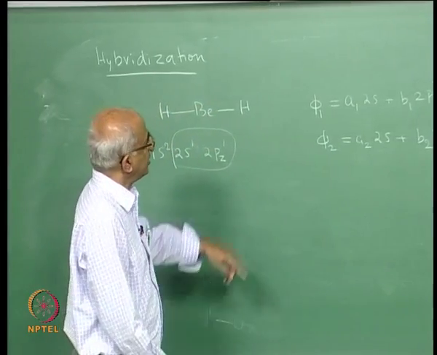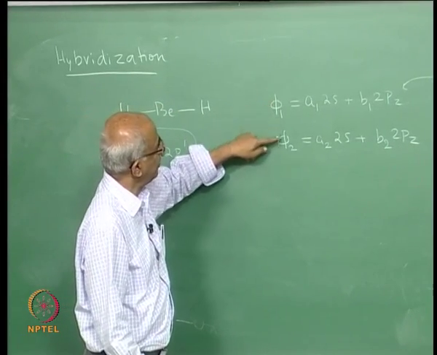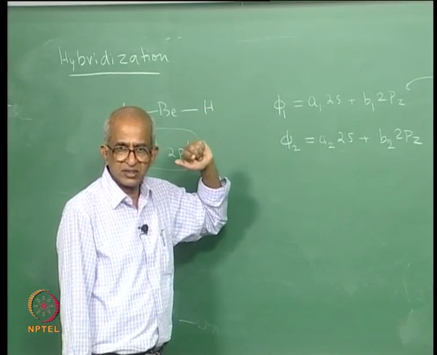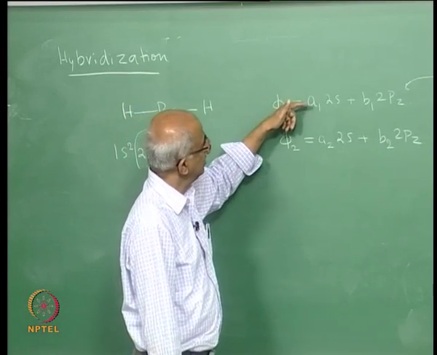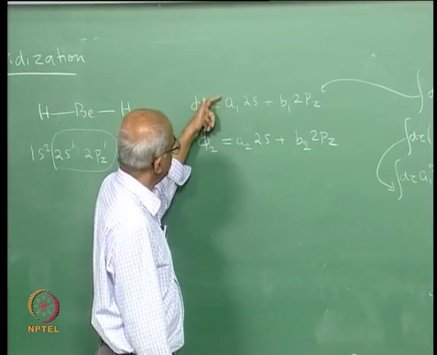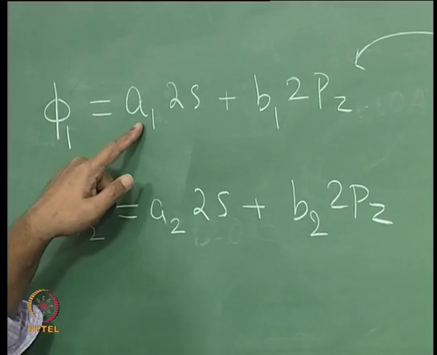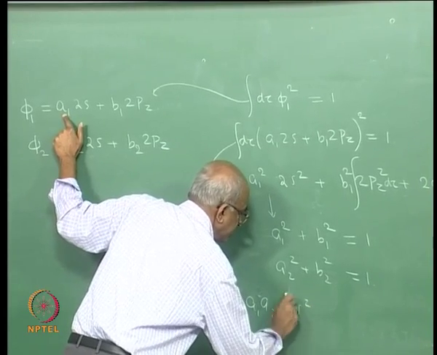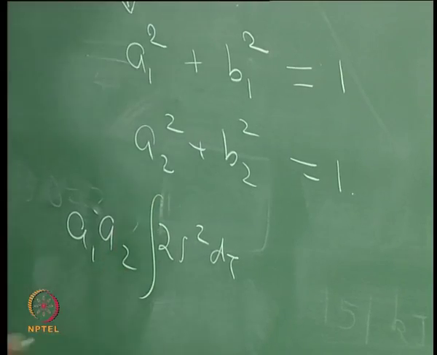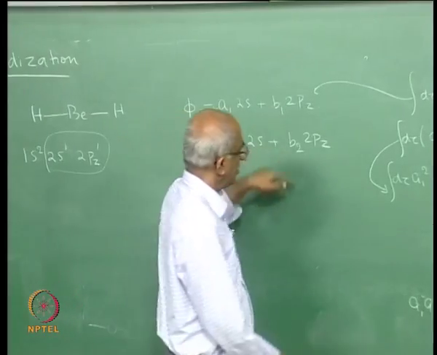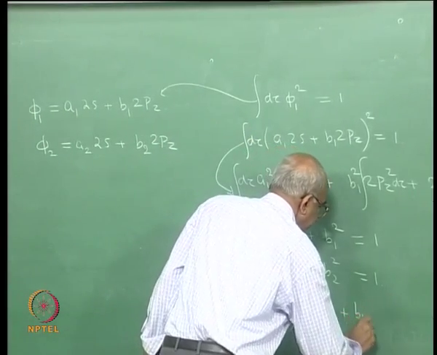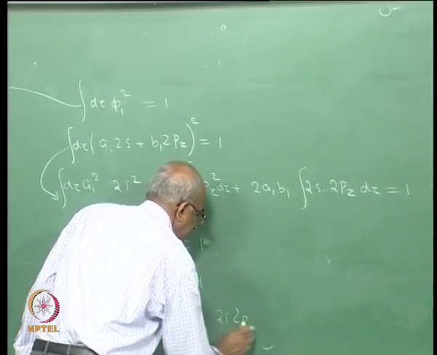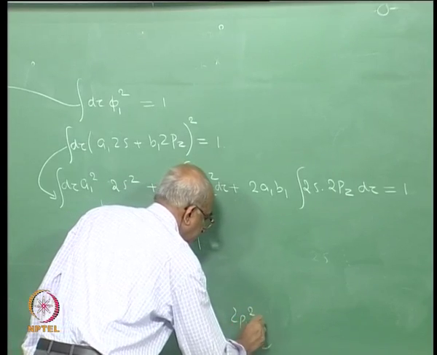Then suppose I multiply the two orbitals, phi 1 into phi 2, and integrate over the entire space. What would be the answer? If you multiply these two, you are going to get terms like A1 A2 times the 2s whole square d tau, that will be one term, and you will get B1 B2 times 2pz square d tau.